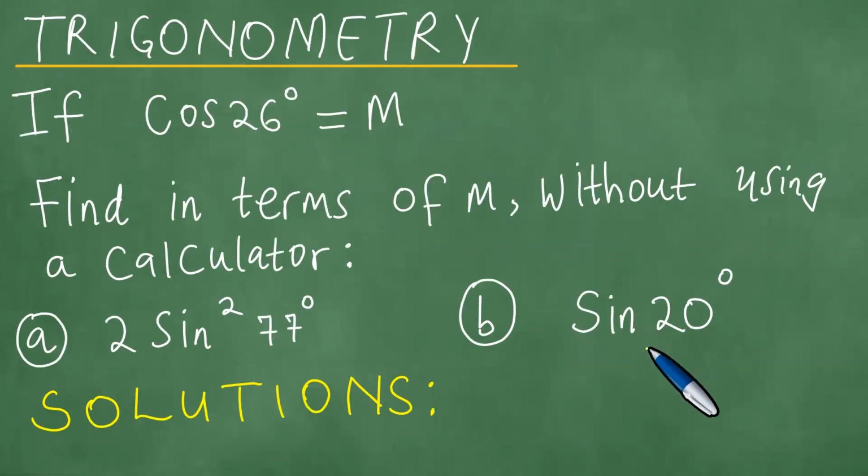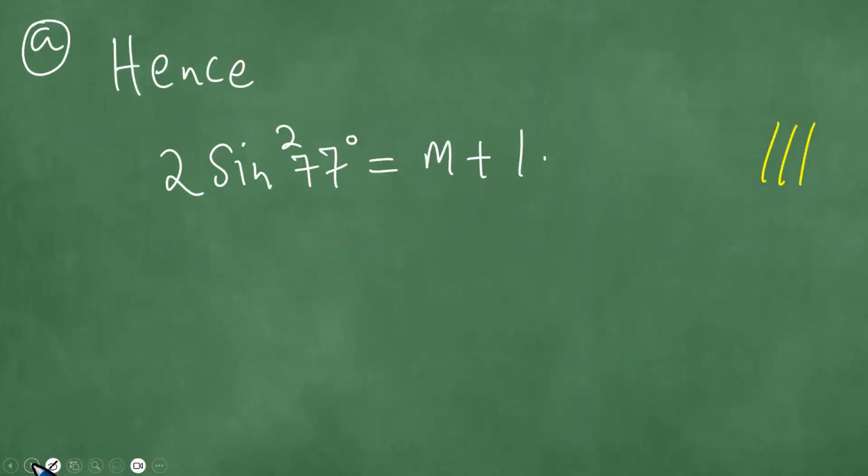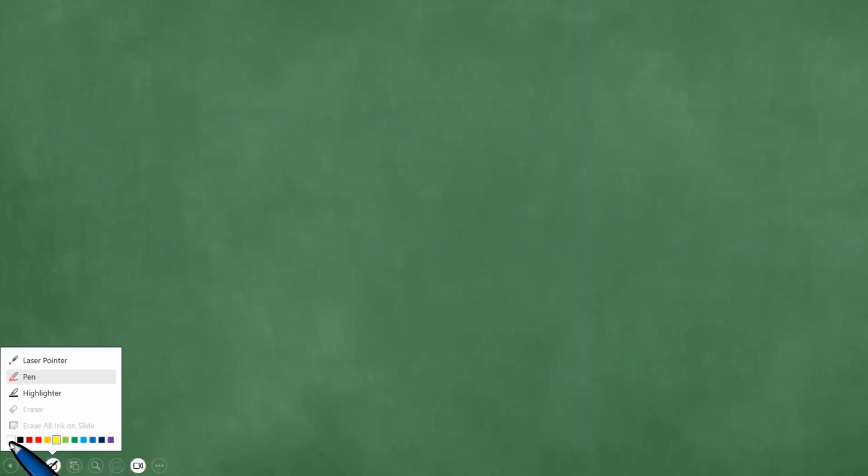The second part of the question is to focus on the sine of 20 degrees. What is the sine of 20 degrees? We proceed to attempt part B, which is straightforward.